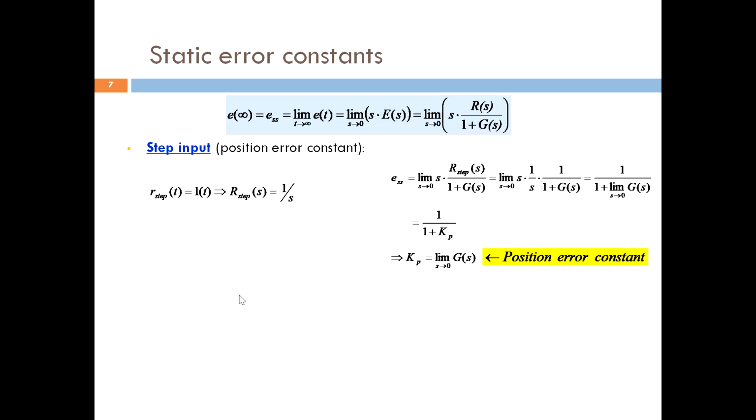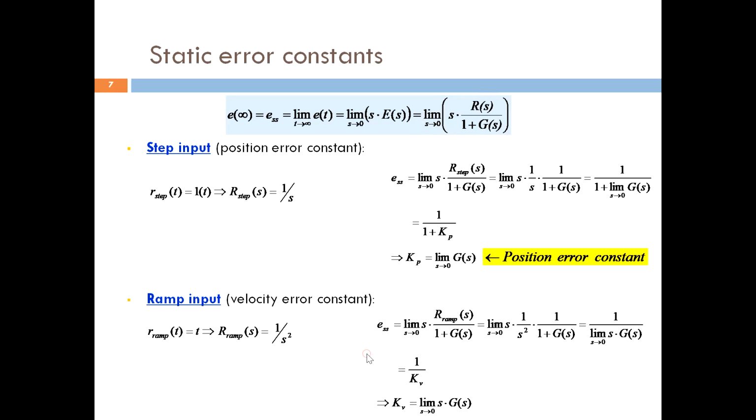Okay, then we consider the expression for a ramp input. The Laplace transform of a ramp function is 1 over s squared. We are going to do the same, substitute that expression in that one, and we end up with this expression again.